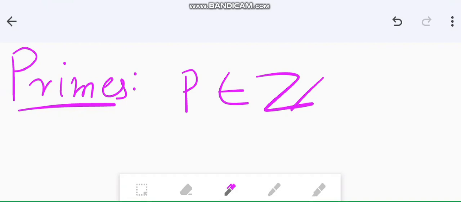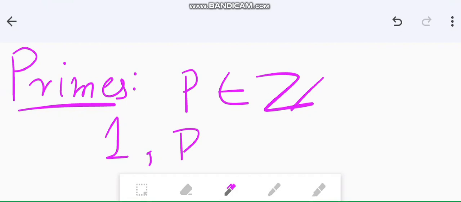Now p is said to be a prime if it is only divisible by 1 and the number itself, p. This is the standard definition of a number being prime, which is a number is said to be a prime if it is divisible by 1 and the number itself.